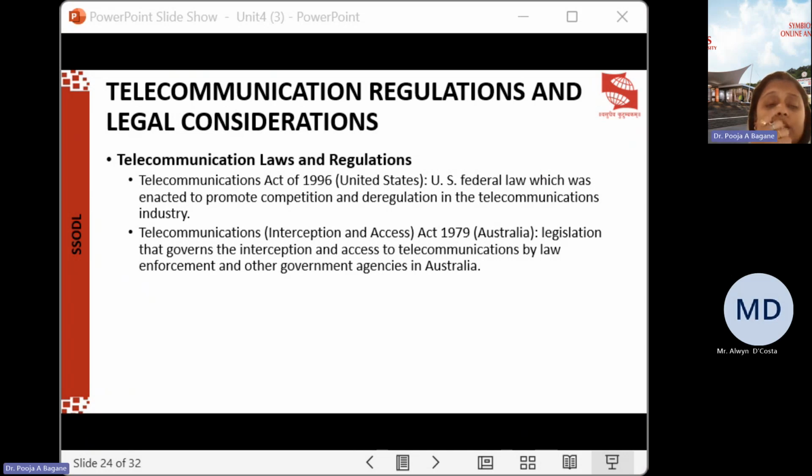Then there is another one, the Telecommunications Interception and Access Act 1979 in Australia. This law governs the interception of and access to telecommunications by law enforcement and other government agencies in Australia.